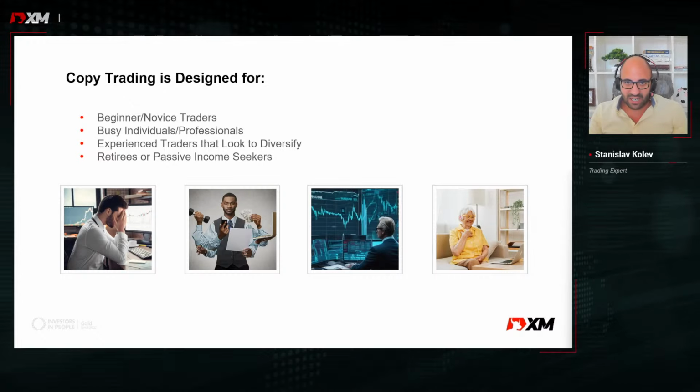Also, if you're an experienced trader that looks to diversify, to expand the arsenal of trading tools and expand the cash flow, this is a great tool because let's say you're an expert in swing trading forex and all of the cash flow that you're getting, or all of the exposure, let's put it like this, is into swing trades on the forex market.